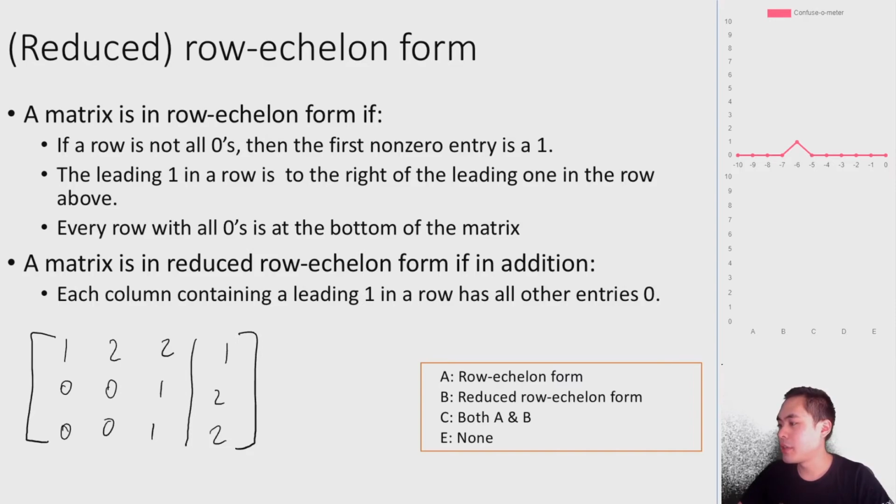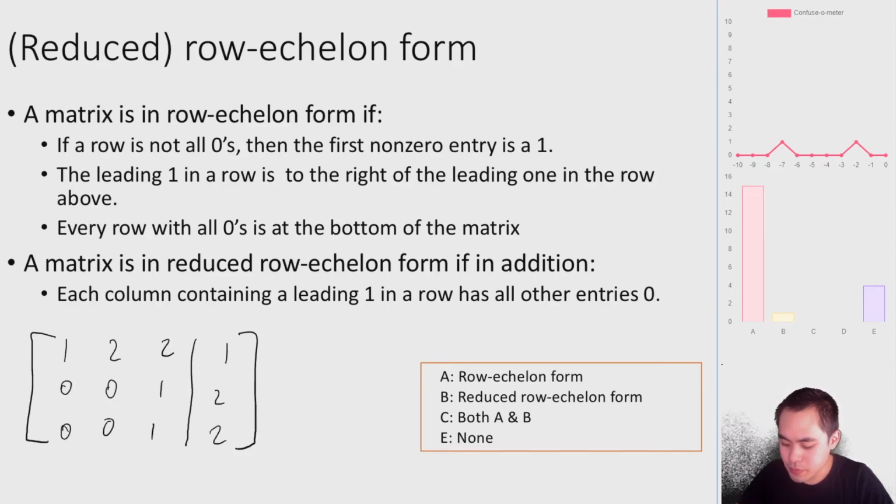Okay, we're starting to get a couple replies. We're getting A and E, it looks like. Getting some B's. Getting a lot of A's, actually. So people think this is in row echelon form.